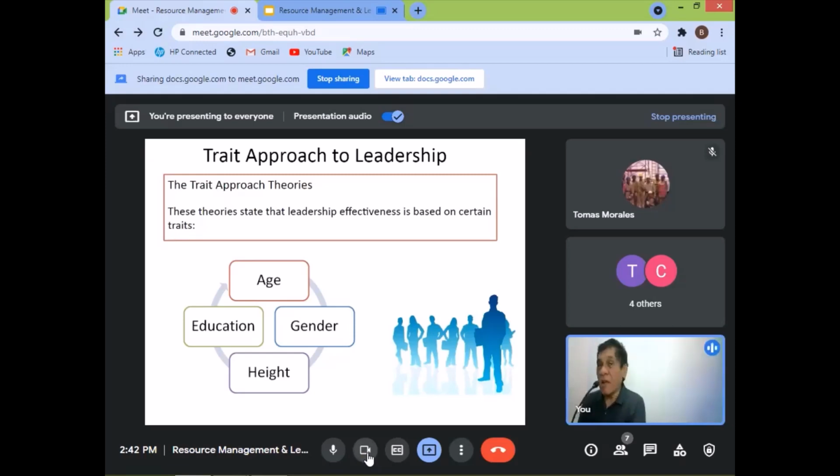But other companies are also hiring younger people, maybe 27, 26, 28, 25, 24 years old, because of their energy. They have more energy.